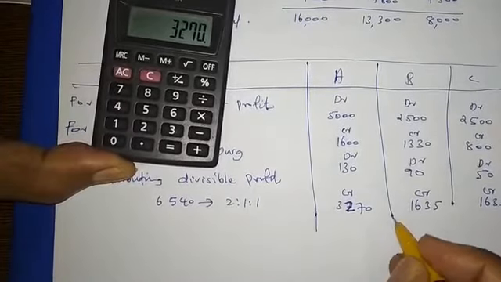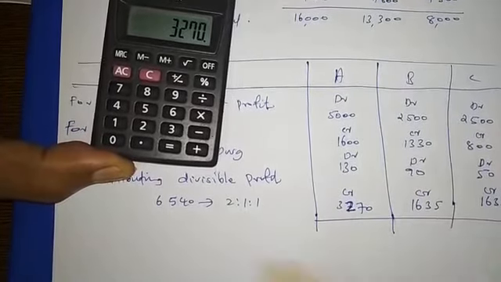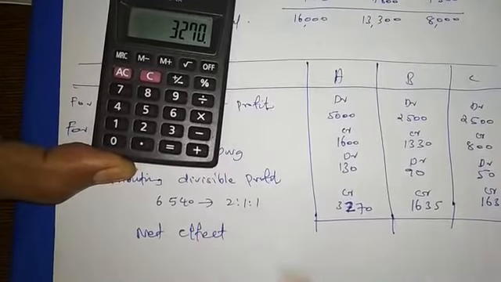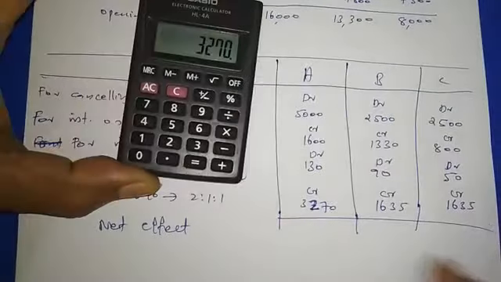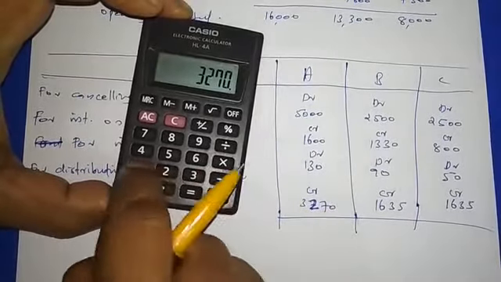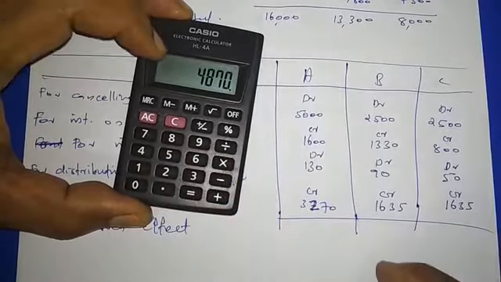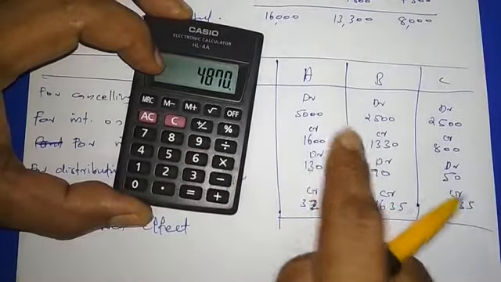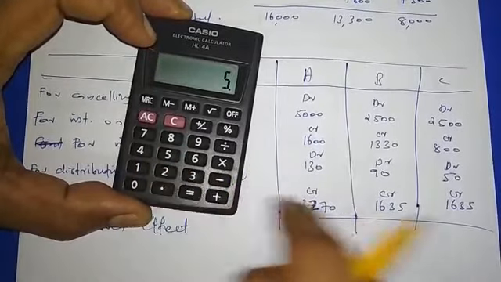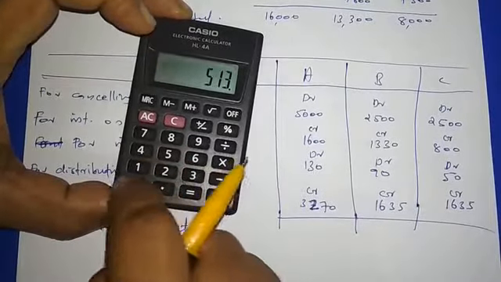Now we can find out the net effect. Net effect will be, this is a credit and this plus 1,600. Then total credit is this much, 5,130.